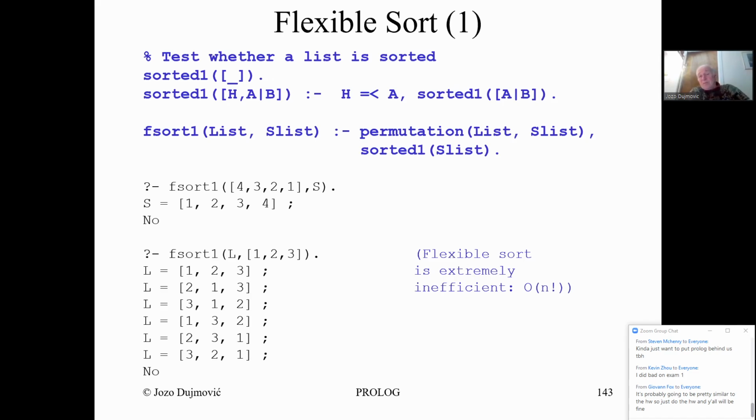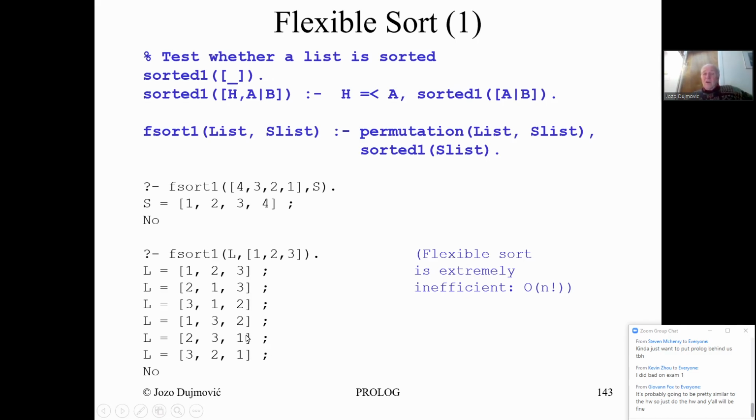On the other hand, if this sort program is used flexibly, you can say, okay, I want to get the sorted list 1, 2, 3. What is going to be the input list? Well, the input list can be 1, 2, 3, or 2, 1, 3, or 3, 2, 1. 6 of them. There are n factorial of them.